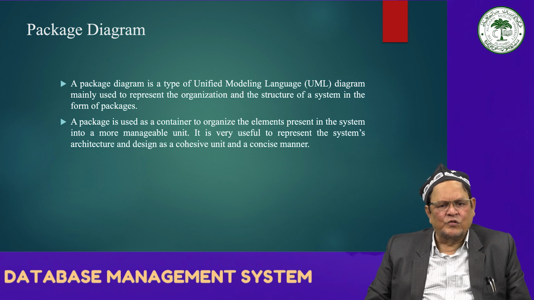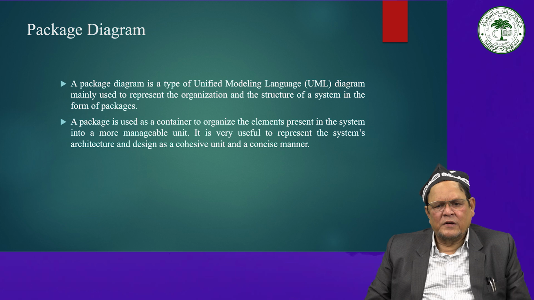A package is used as a container to organize the elements present in the system into a more manageable unit. It is used to represent the system architecture and design as a cohesive unit in a concise manner.